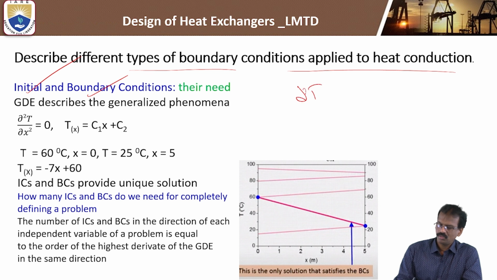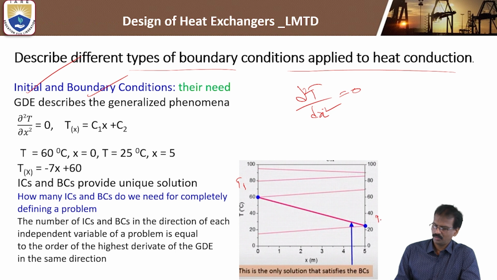This type of double differential equation has two types of boundary conditions. Here you can observe this one is the temperature T1, this is the temperature T2.